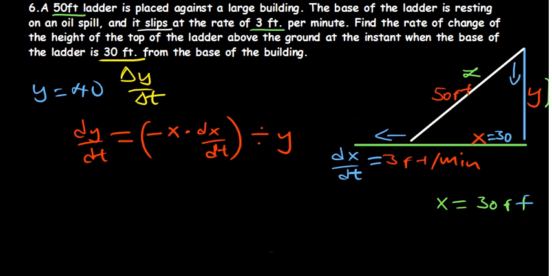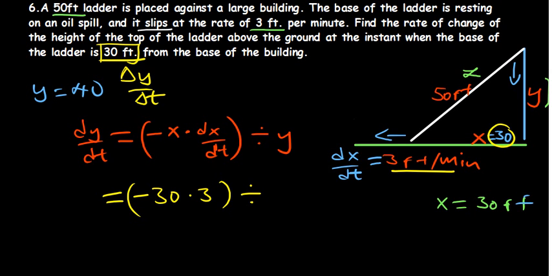And then we can substitute. So do we have the value of x at that initial point? So negative, the value of x at that initial point, we are told the base was 30 feet, so 30, and then dx/dt, which is the rate of change of the base, is 3 feet, and then divided by y, which at that initial point was determined to be 40.